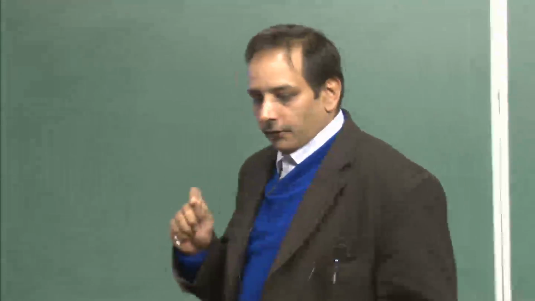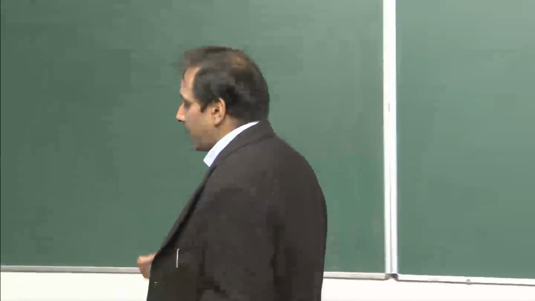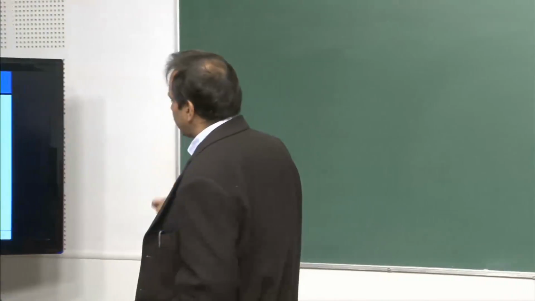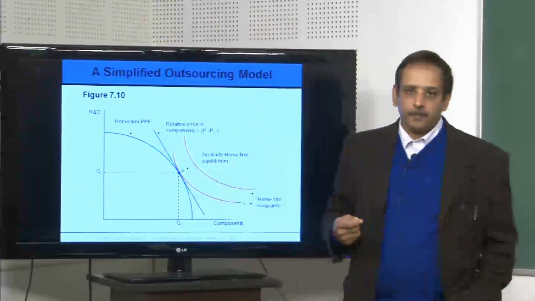Now, see what happens when outsourcing takes place. Outsourcing will only take place if in the US the producers of R&D intensive good know that with trade they will get higher price for R&D, or the gain can be that now with trade they can import components at a lower cost.